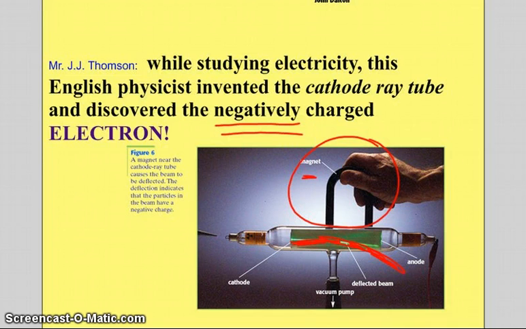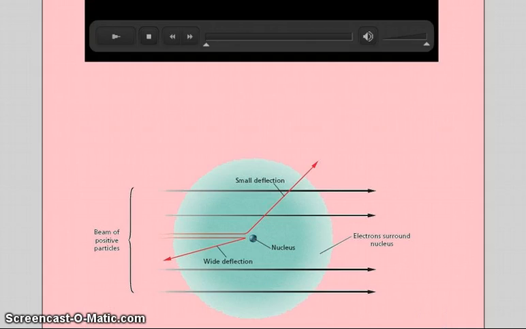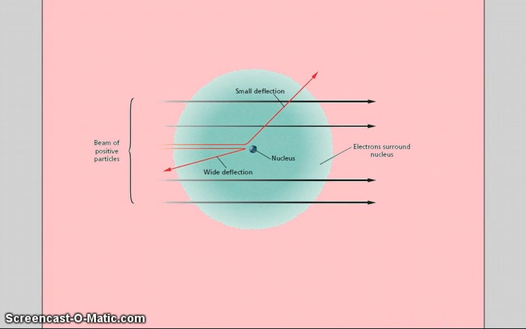And next up was Mr. Rutherford. Mr. Rutherford had a gold foil experiment that we saw in that video. He was shooting alpha particles through some very thin gold foil. He expected them all to go through. Well, they didn't all go through. And so some of them got deflected away.